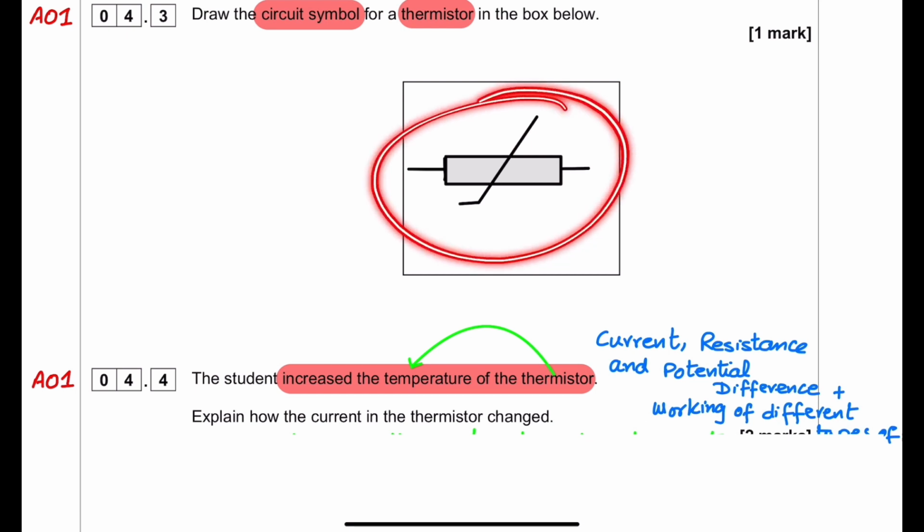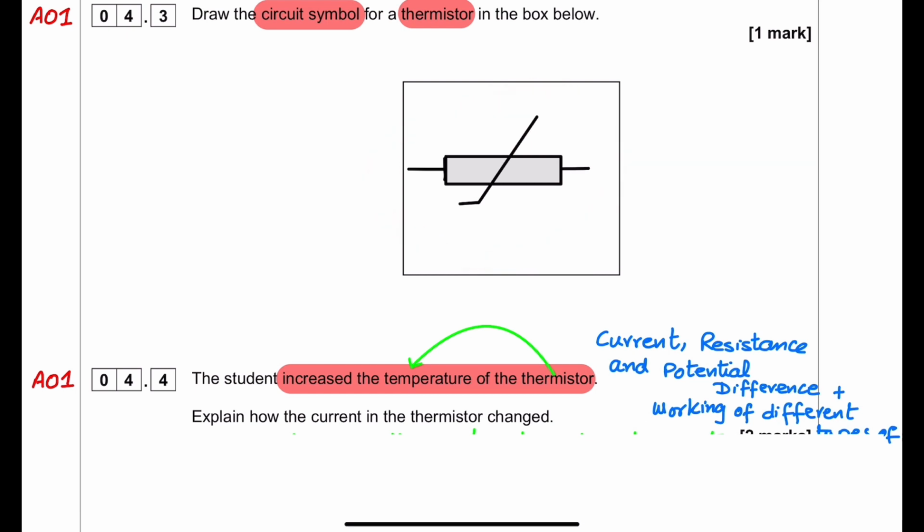This is our thermistor. As the temperature of the thermistor increases, its resistance decreases and allows more current to flow through it. If the temperature decreases, then it has high resistance and less current or no current will flow through the thermistor. Let's see the model answer.